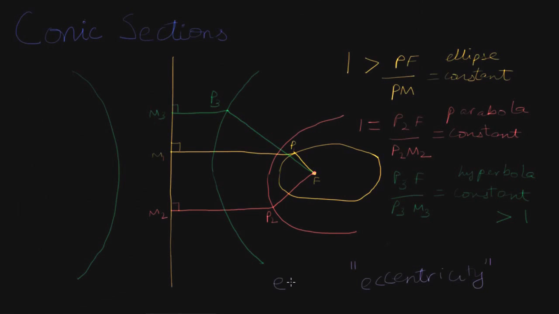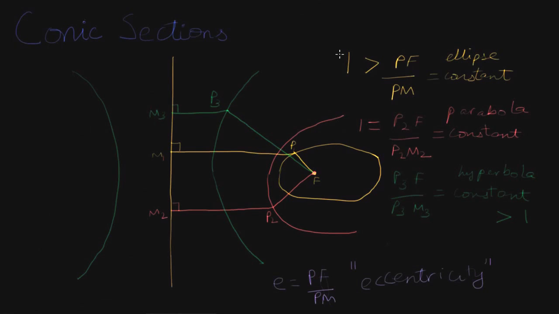The eccentricity E would be given by this particular ratio, PF by PM. I'm generalizing this case to suit all of our curves. P is the point of the curve, F is the focus, and M is the point where it subtends the 90-degree angle onto the directrix. So the eccentricity is given by PF by PM.